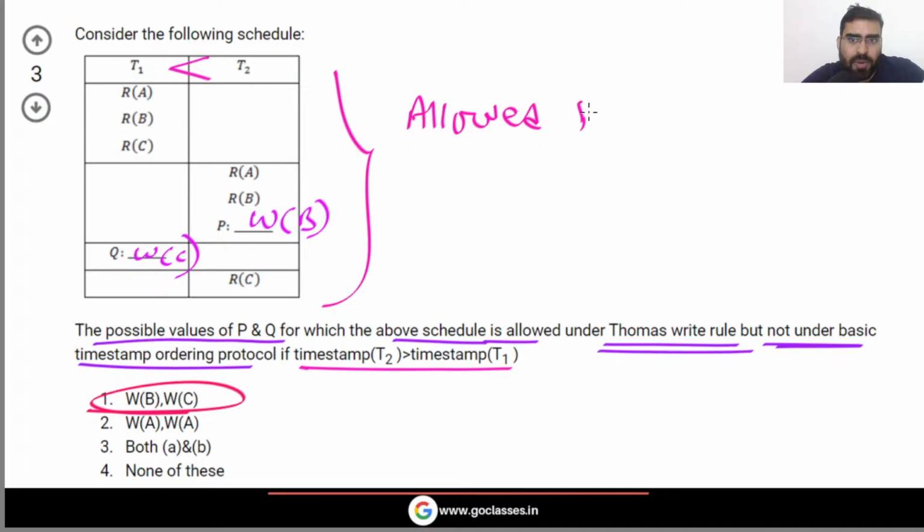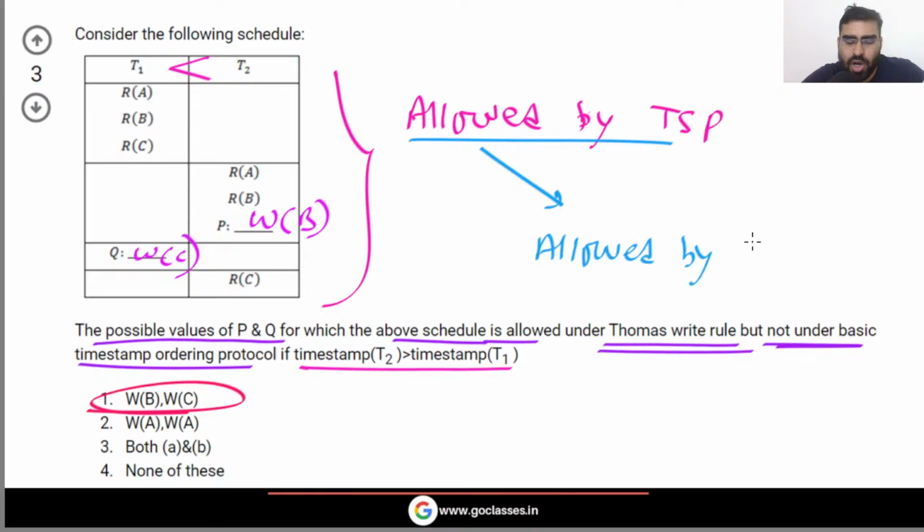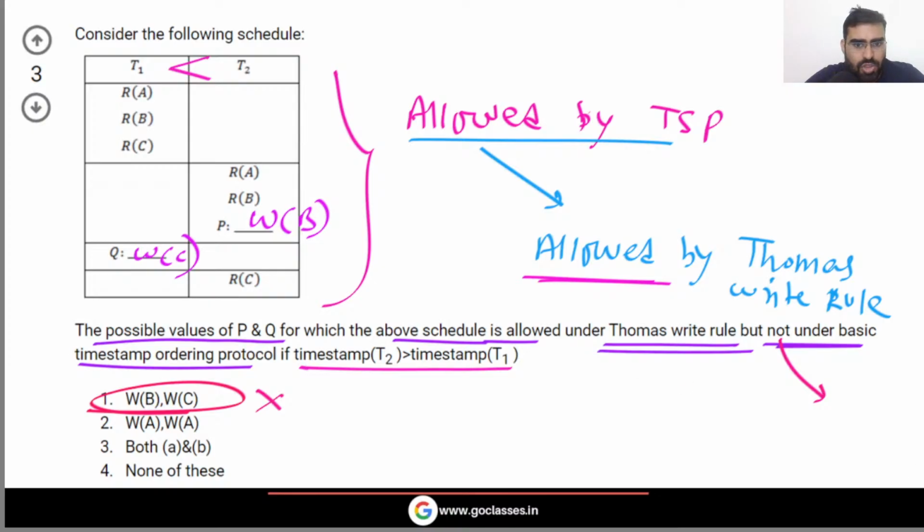If it is allowed by TSP, it is automatically allowed by Thomas Write rule. So this option is not correct, because the question says allowed by Thomas Write rule but not by TSP.